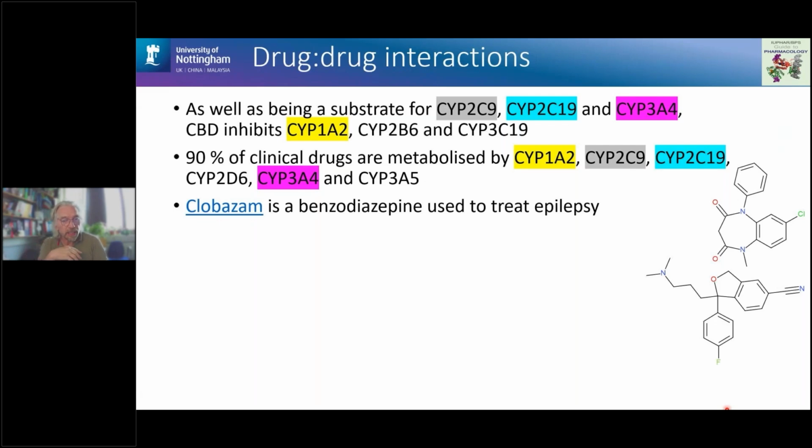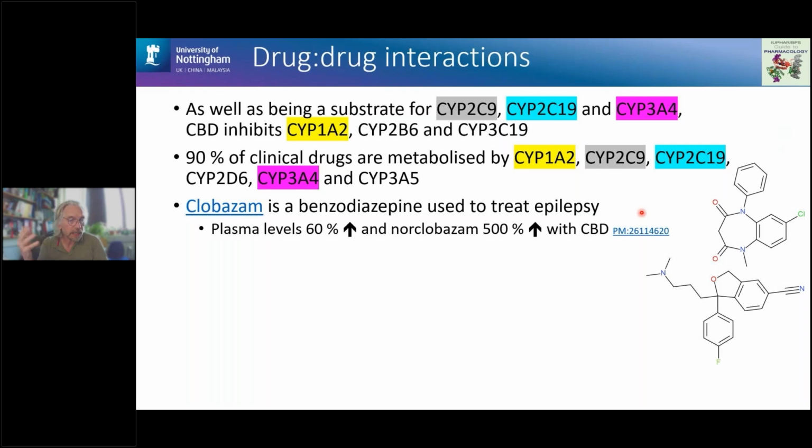And one way that has been identified that might be clinically relevant and beneficial to a certain extent is that this compound, clobazam, a benzodiazepine also used to treat epilepsy, is often co-administered with CBD in kids who have intractable epilepsy. And it might be beneficial that the plasma levels of clobazam are enhanced and the metabolite norclobazam are also increased with exposure to CBD.